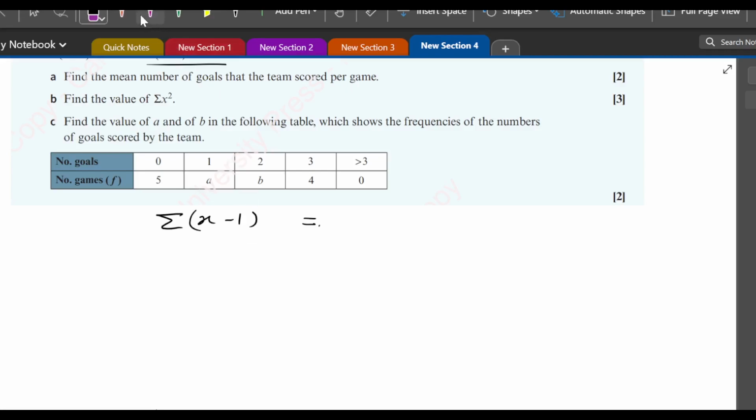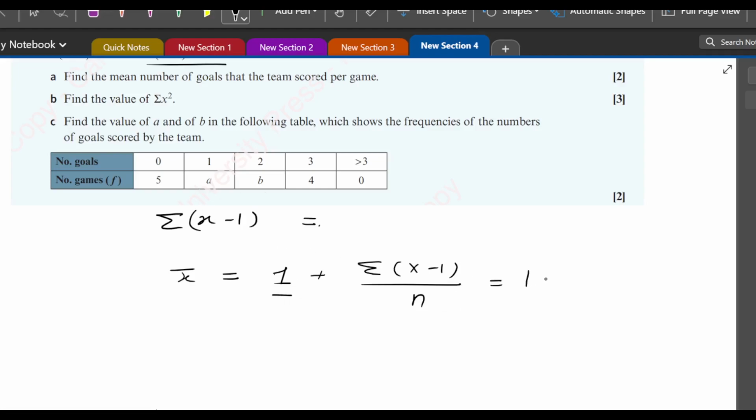So as my mean is reduced by 1, if I have to find the mean x bar, as each x I am reducing by 1, I will add 1 to summation of (x minus 1) divided by n. So this is the mean of x minus 1, and I will add 1 to it.